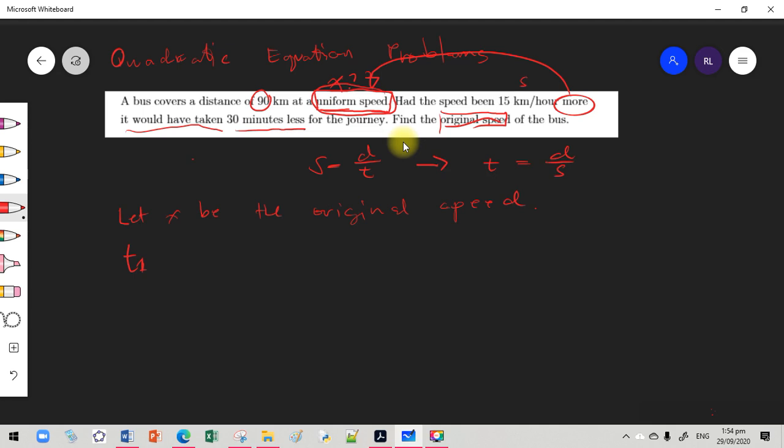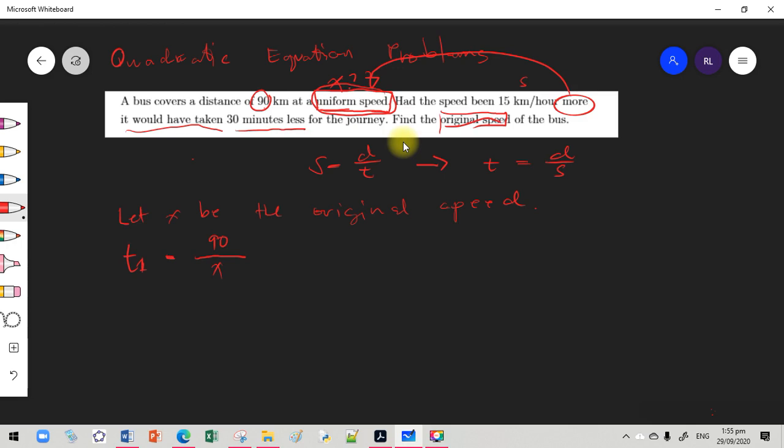Using this 90 and x, the original time is just 90 divided by x. It's distance divided by the speed, because x is our speed.